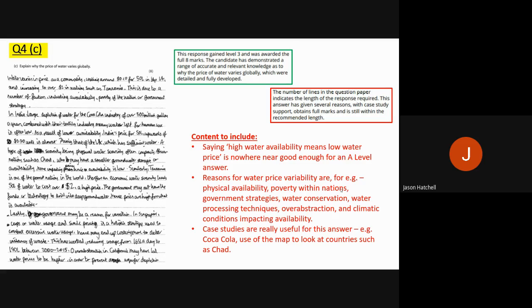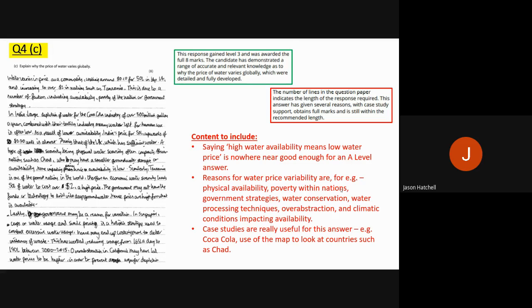You can actually directly use that from her answer or his answer if you want to. And you can use the map to look at countries such as Chad and other countries that are experiencing high levels of water stress and will have higher prices of water.